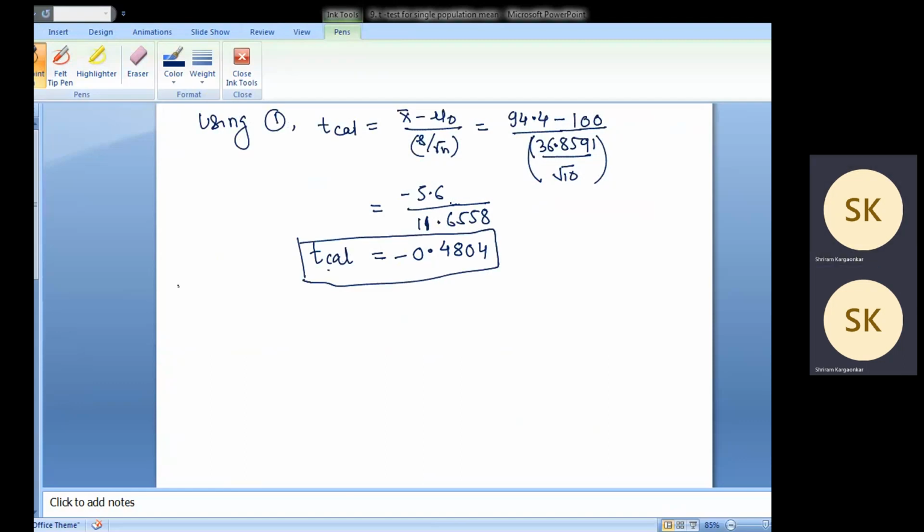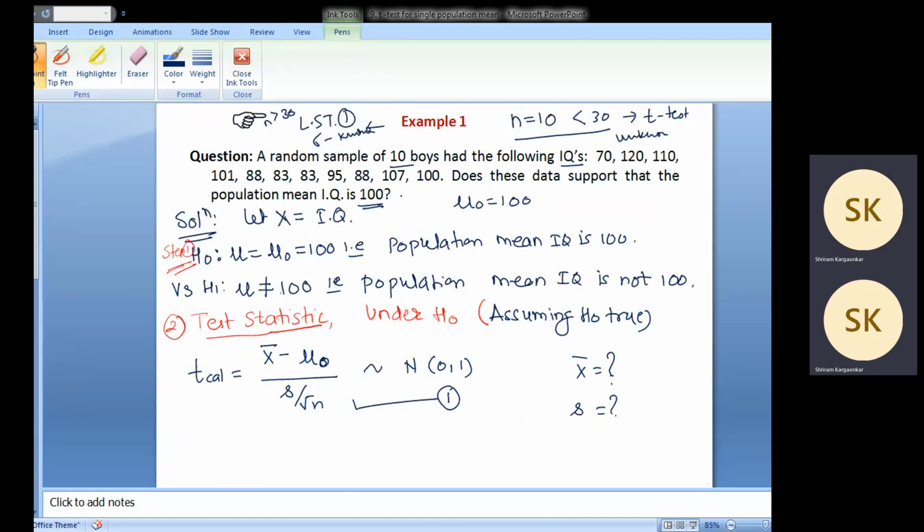Okay, next step, we have to get the table value. To get the table value we need two things. First, alpha, the level of significance. What was the alpha given here? Alpha is not mentioned. In that case you take alpha equal to 5%.